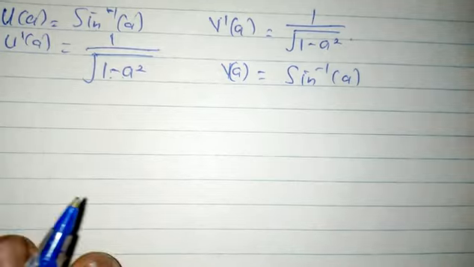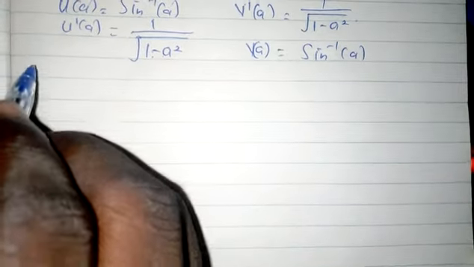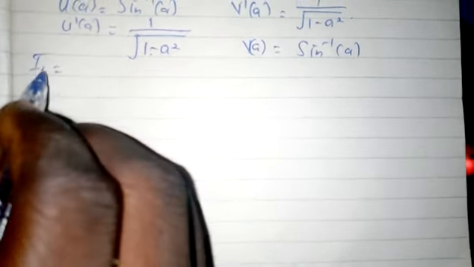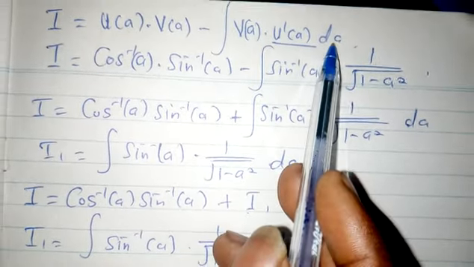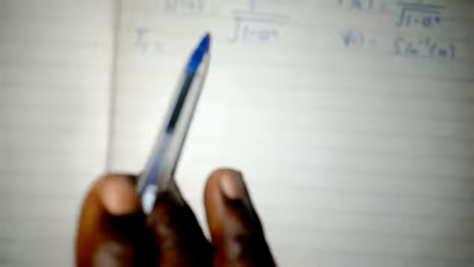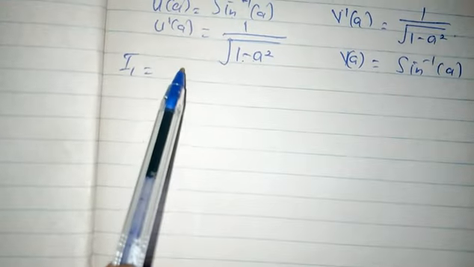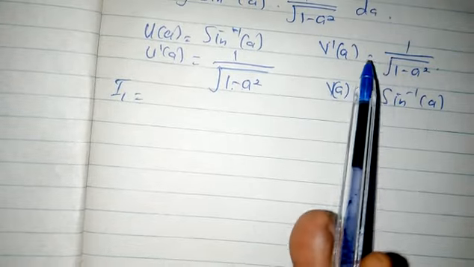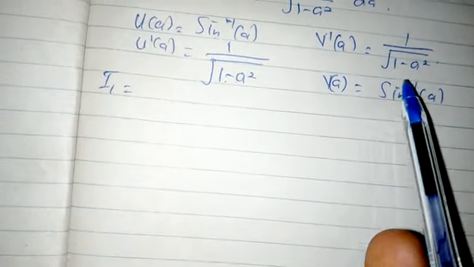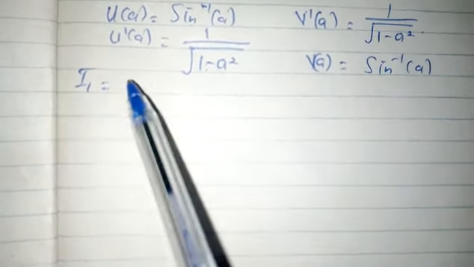So that's it. So my I1 is now going to become, using this same equation, u of a dot v of a minus the integral of v of a u prime of a dA. So I'm going to just insert this derived into the equation.